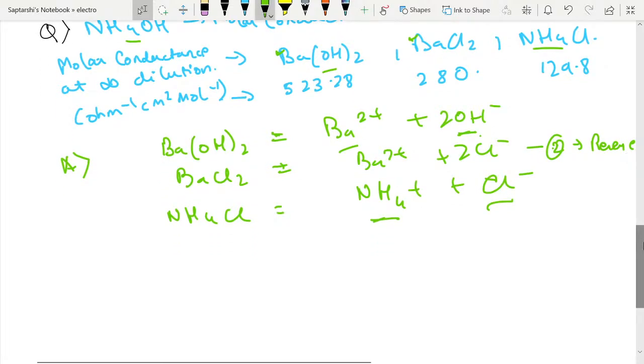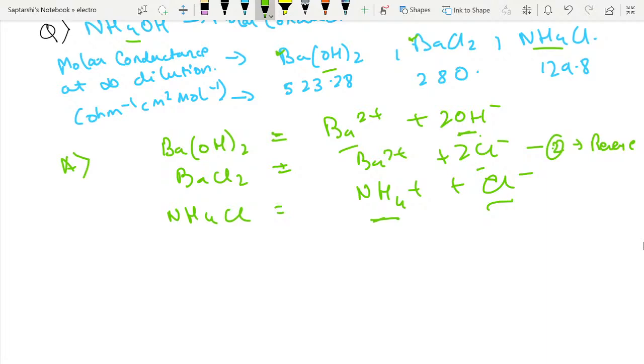And also you see, to cancel it out, because there are two Cl minus and there's only one Cl minus over here, right? There's 2OH minus, and so we need to also multiply by 2.